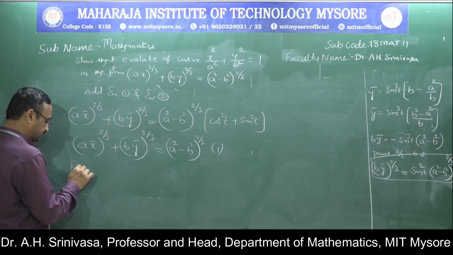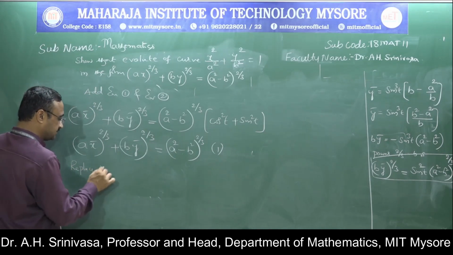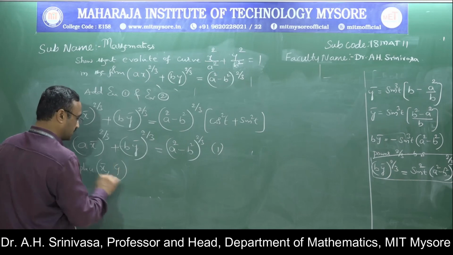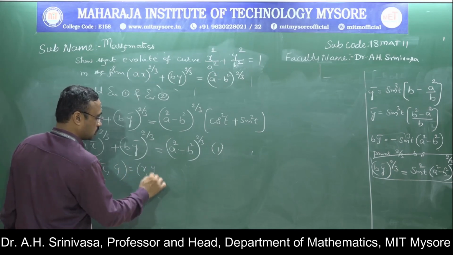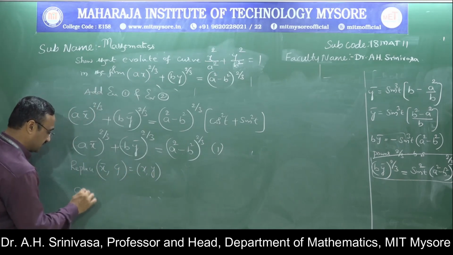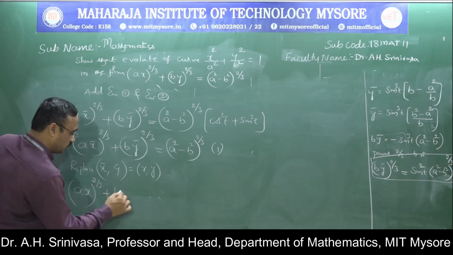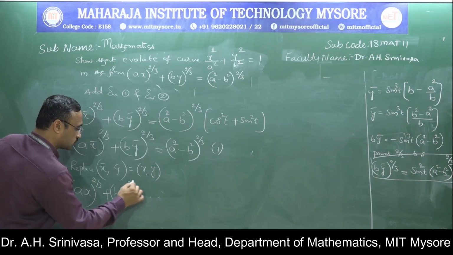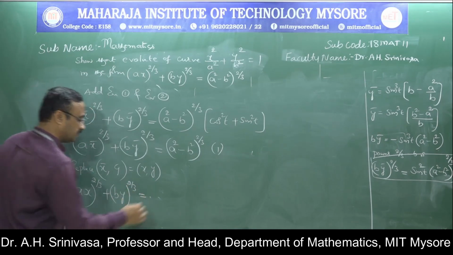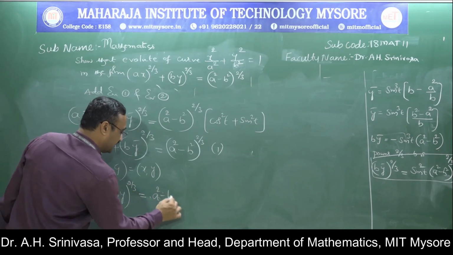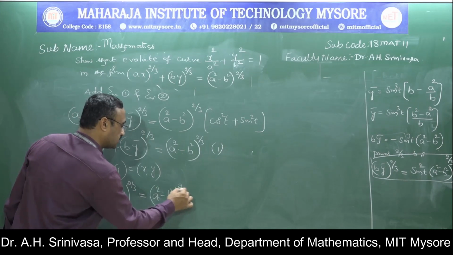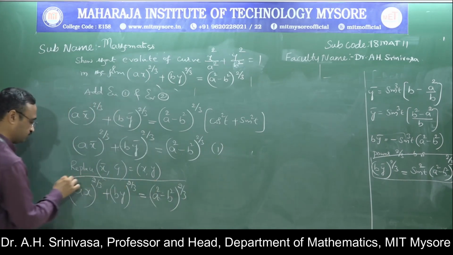Then replace x bar, y bar with x, y. What do you get now? ax whole power 2 by 3 plus by whole power 2 by 3 equals a square minus b square whole power 2 by 3.